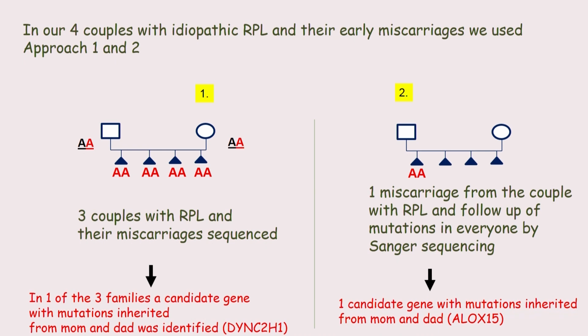And 1 of the 4 families had this second approach where we just sequenced 1 miscarriage and then Sanger sequenced the rest of the family to confirm the inheritance pattern that we would expect. And in this 1 family, 1 candidate gene with mutations inherited from mom and dad was identified as a candidate. And I will mention a few words about those genes in a second.